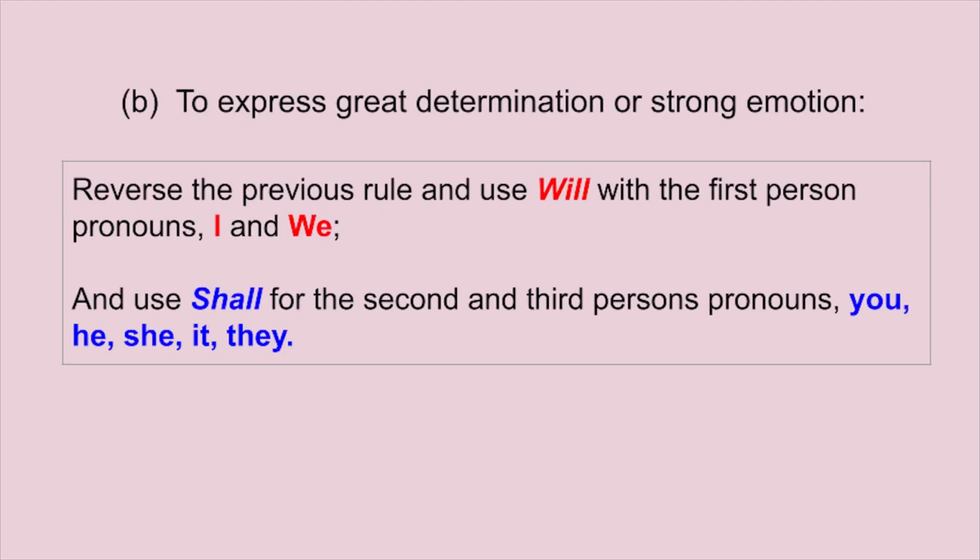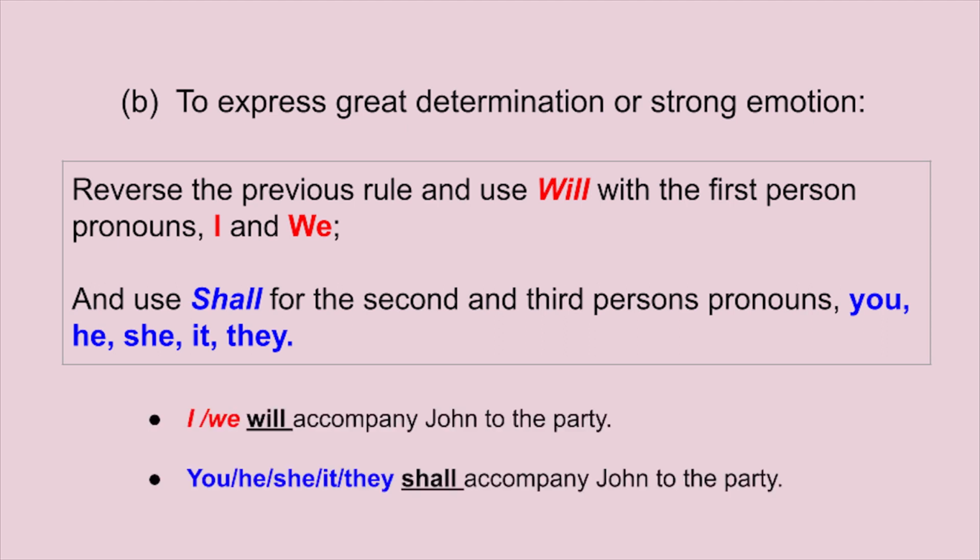But if we wish to express determination or strong emotion, we reverse the previous rule and use will with the first person pronouns I and we, and use shall for the second and third persons pronouns you, he, she, it, they.